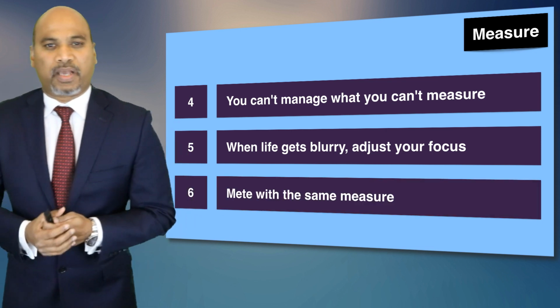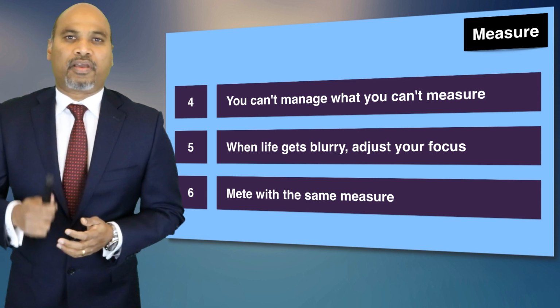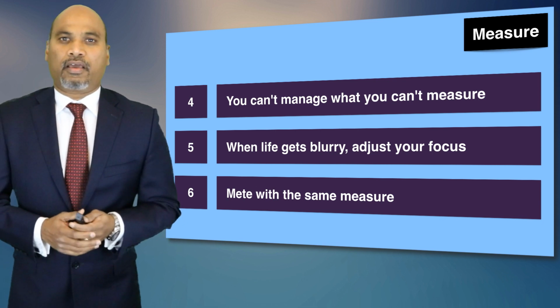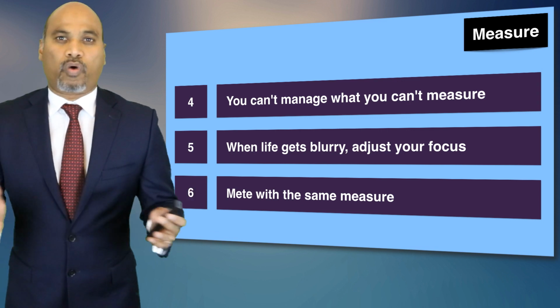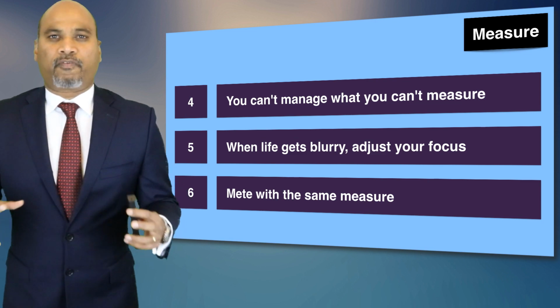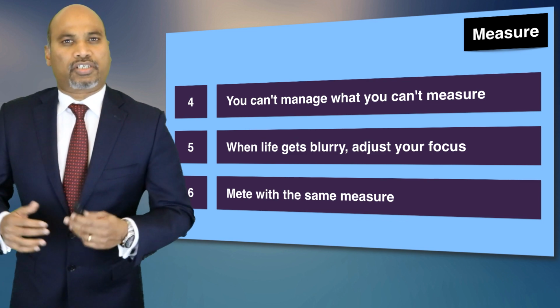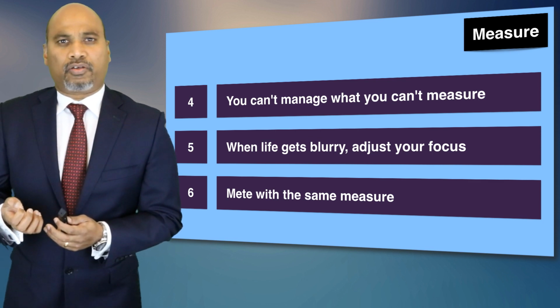Also, the third thing in the measure is: measure with the same measure. Use the same yardstick, right? The meter measure is somewhere stored in Paris, for example, 1 meter, right? It's a standard, and they have kept it in a very safe environment so that the temperature and the humidity and other factors won't even affect it to the microns.